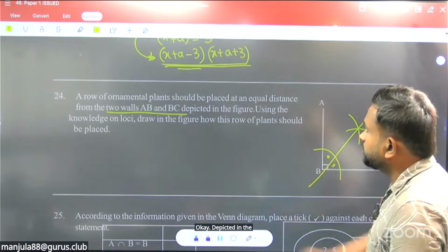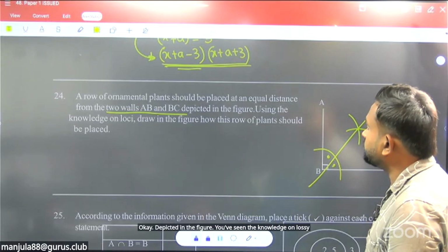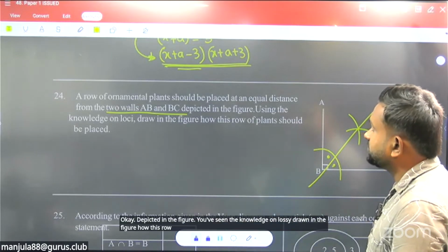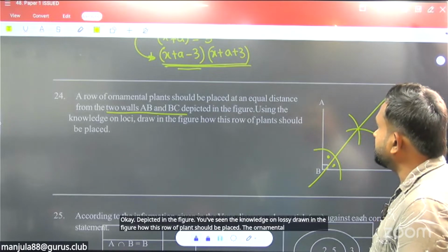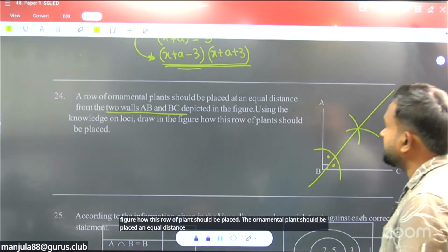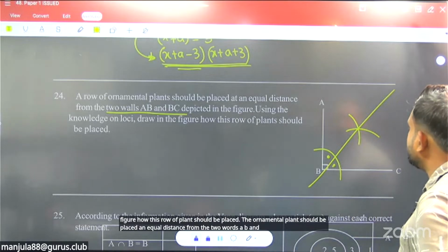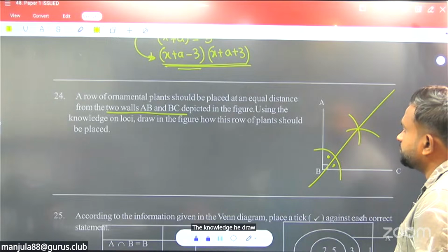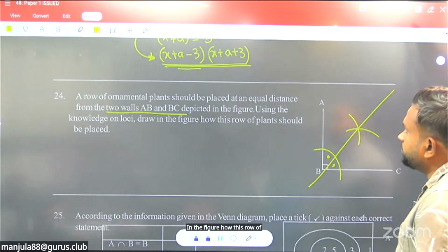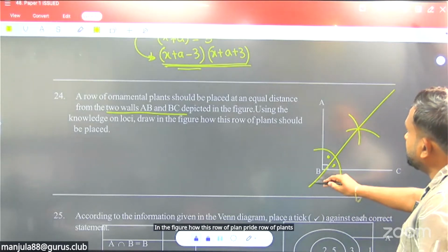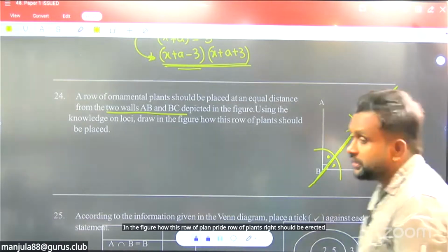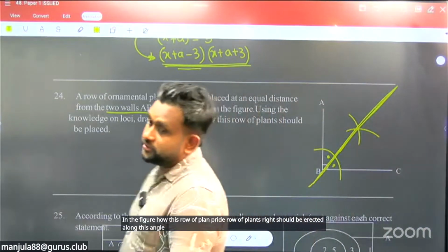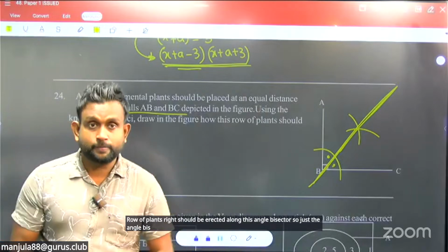Using the knowledge of locus, draw in the figure how this row of plants should be placed. The ornamental plants should be placed at an equal distance from the two walls AB and BC. The row of plants should be erected along this angle bisector. So just the angle bisector is to be drawn.